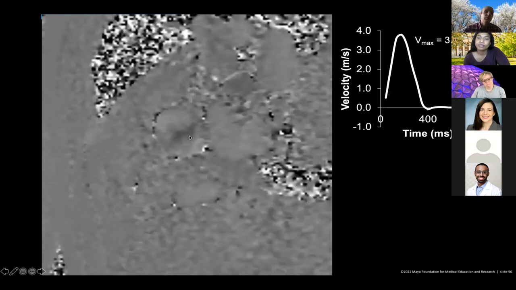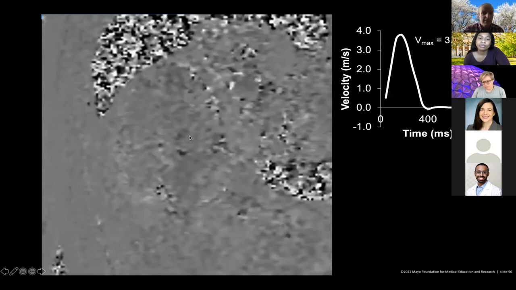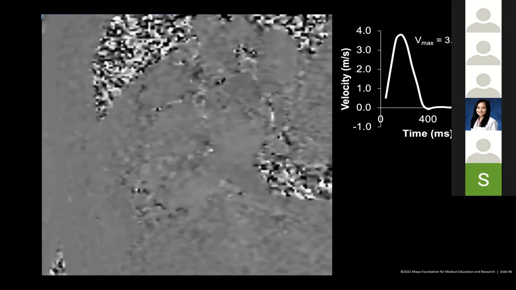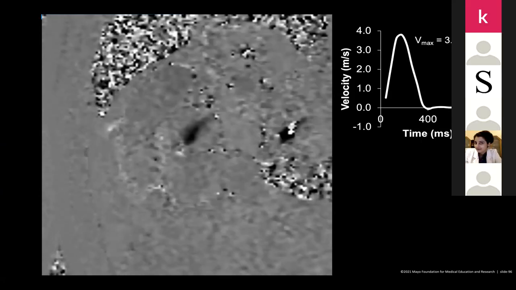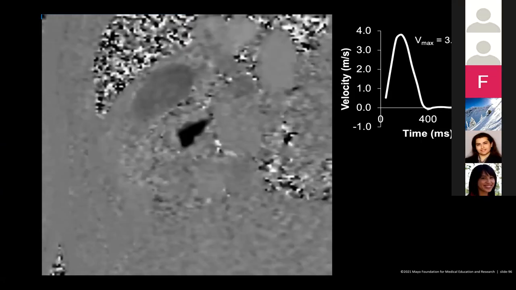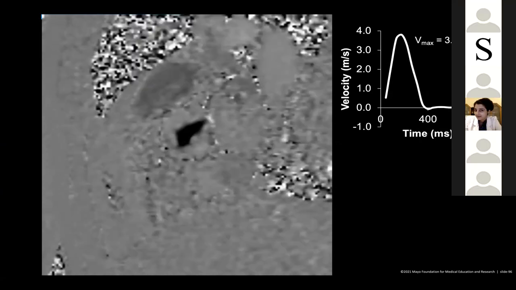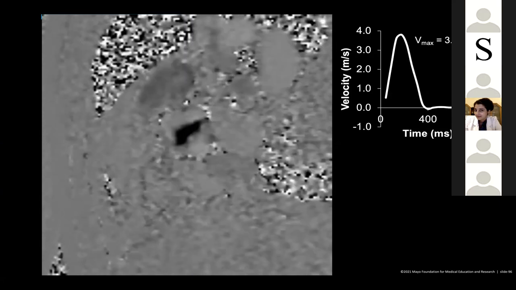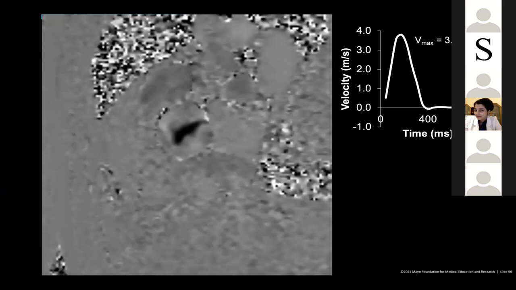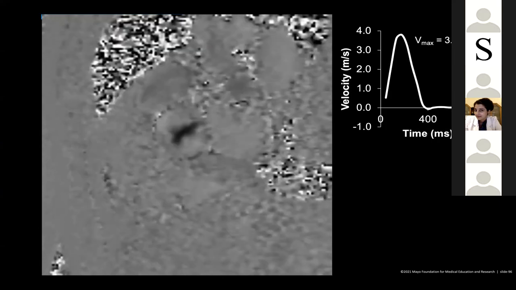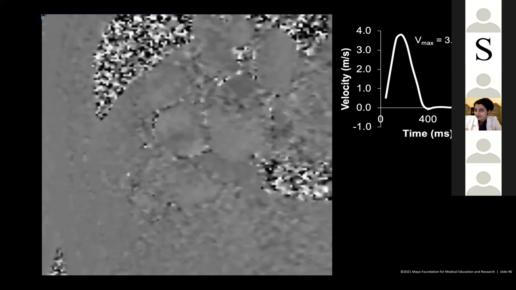So depending on the scanner and depending on how you set up your scan, forward flow could be black, forward flow could be white. And for whatever reason, there's no agreement amongst the manufacturers as to how to assign the grayscale values for forward and backward.